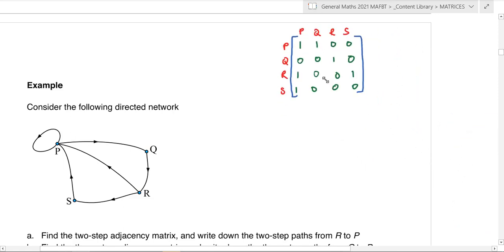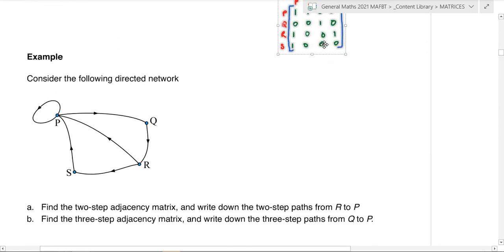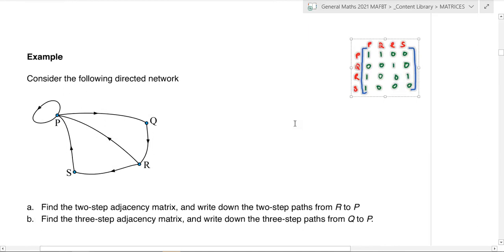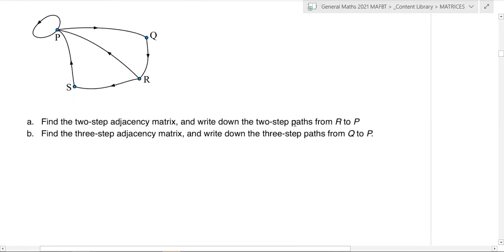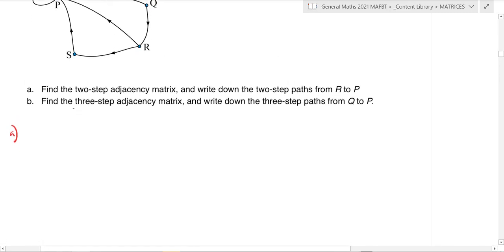Now if you look at the next few questions, we're going to figure out the two-step and three-step connections. So let's start with the two steps. Remember, with these matrices, it's still going to be a square matrix. That does not change.